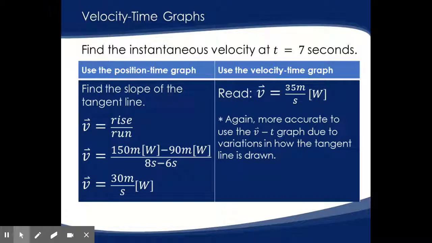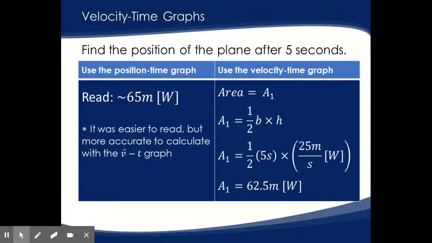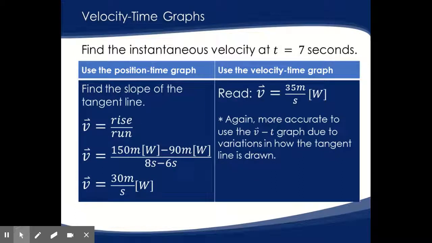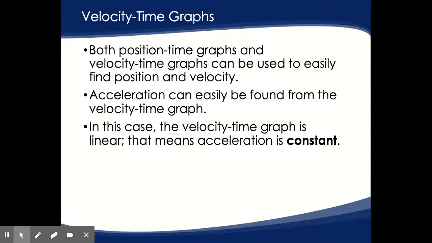So if you had an angle just a little bit more or less, you could have slightly different points, or if you weren't very exact with your measurements, you could be off just slightly. So velocity time graphs are going to give you a lot of information here. So you can find your position using the area, and then you can find your instantaneous velocity as well.